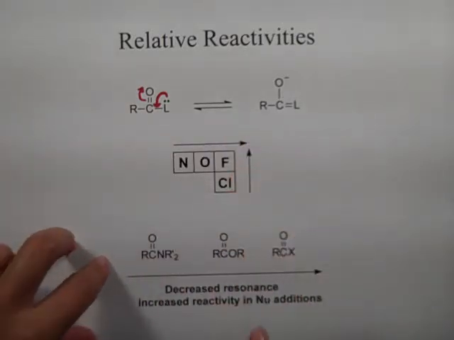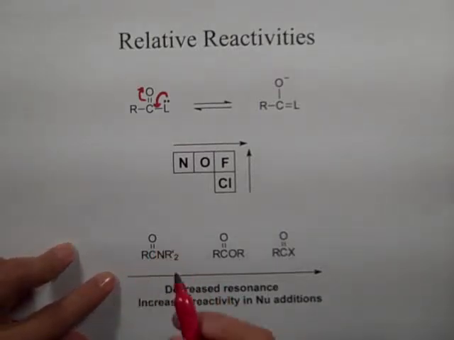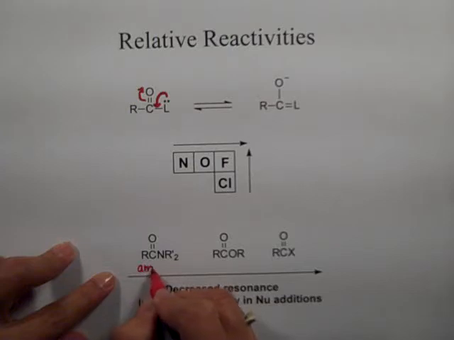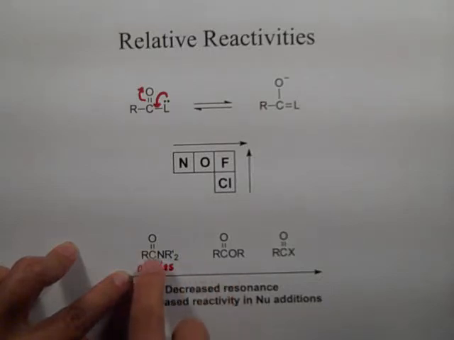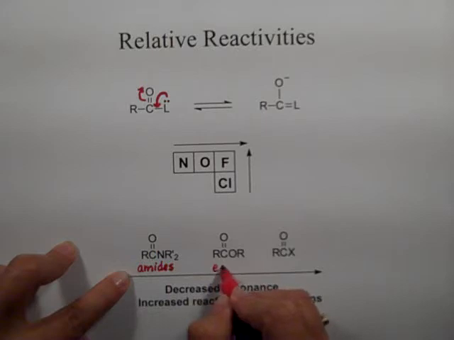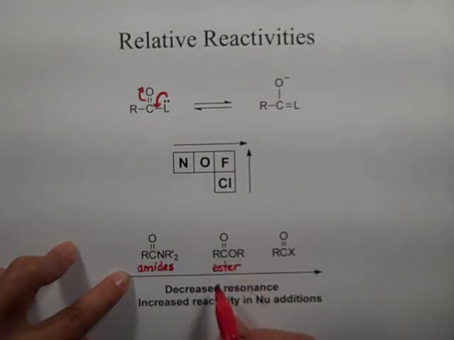So now at the very end, right here, I have amides. Those are not going to be as reactive as the esters, because the nitrogen can donate more than the oxygen to the carbonyl. This is an ester, and even though the oxygen of the ester can donate, it is not as willing to donate as the nitrogen.